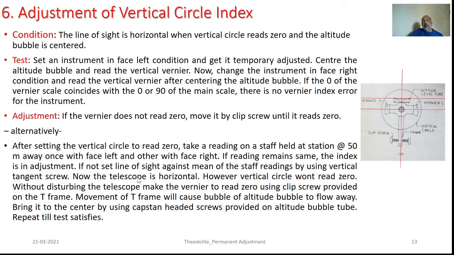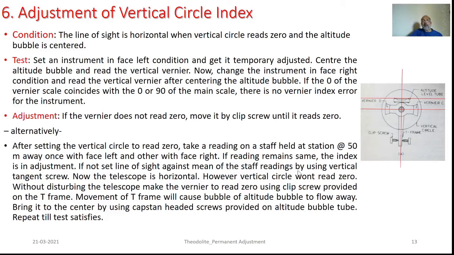However, in this condition, the vertical circle won't read 0. Hence, without disturbing the telescope, we have to make the Vernier read 0 by using the clip screw provided on this T-frame.